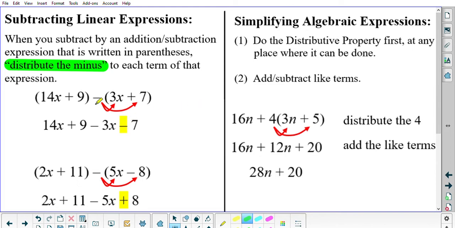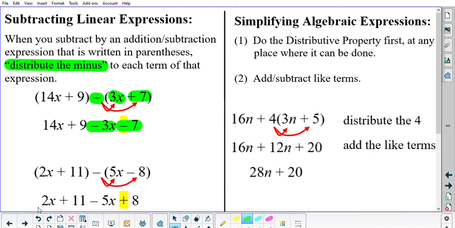So, for example, we are subtracting by 3x plus 7. So what you can do here is distribute the minus. It's kind of like distributing a negative. And you would say, what's a negative times a positive 3x? Well, that would be a negative 3x, although I'm going to write it as minus 3x. What's a negative times a positive 7? Well, that would be a negative 7, and so you'll notice I made it minus 7.